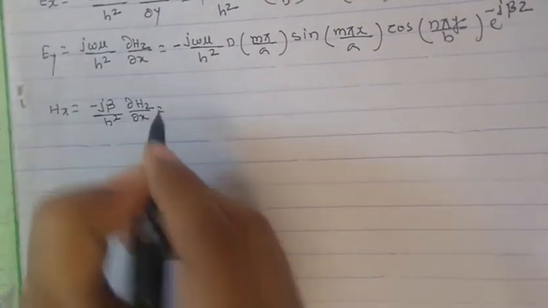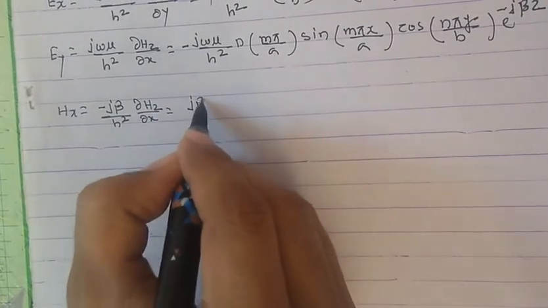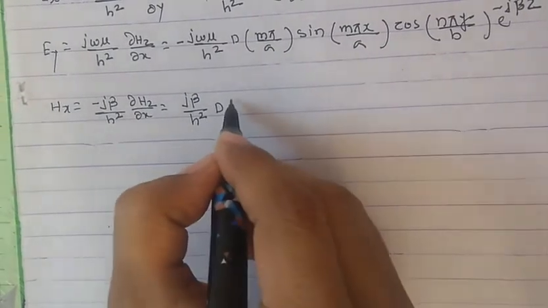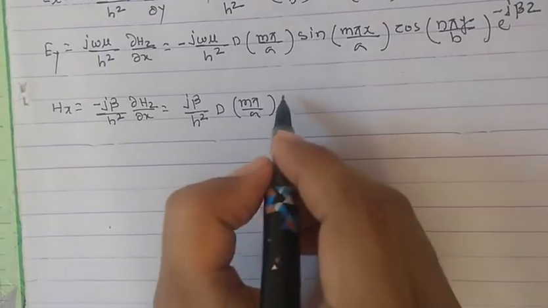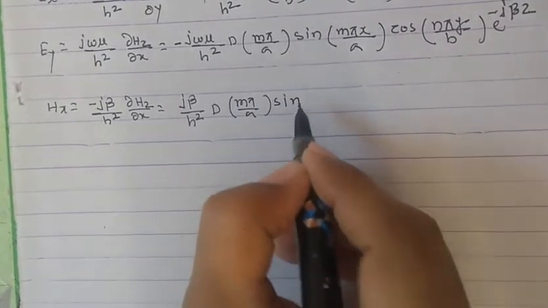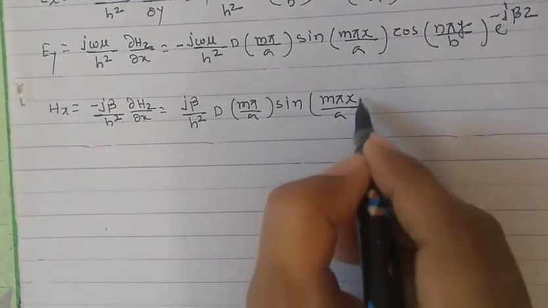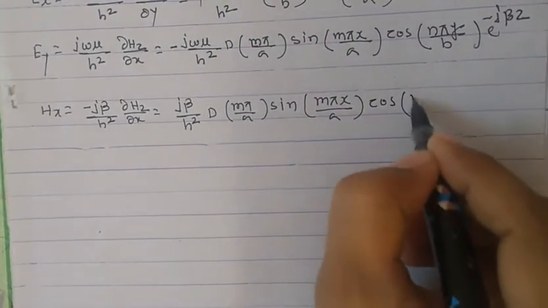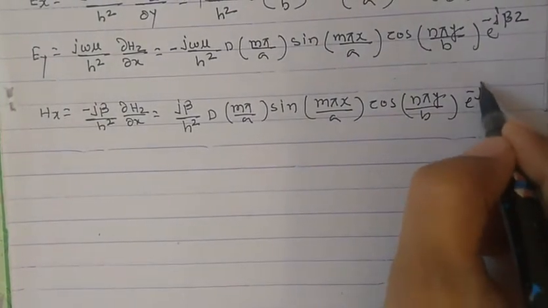So this will be minus minus plus j beta upon h square d m pi by a sin m pi x by a cos n pi y by b e raised to minus j beta.